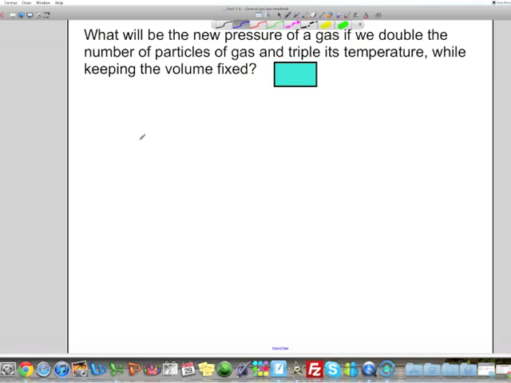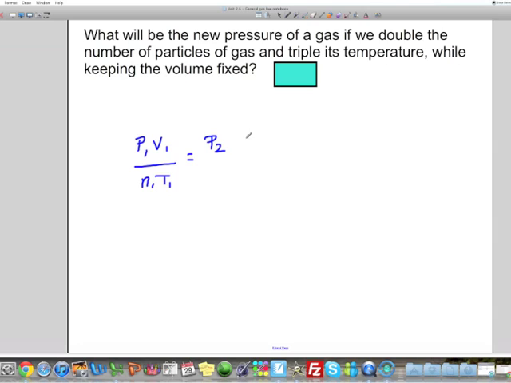So I start with my original equation. P1 V1 over N1 T1 is equal to, what will be the new pressure? So I'm looking for P2 of the gas.